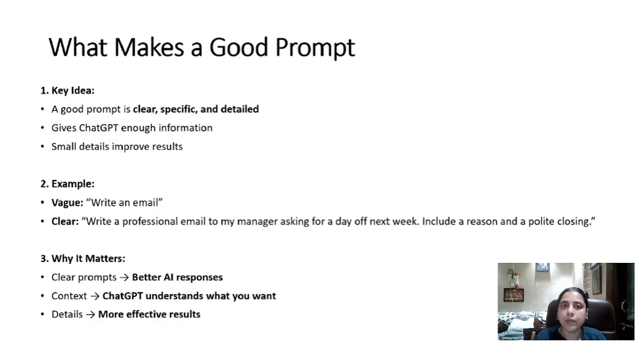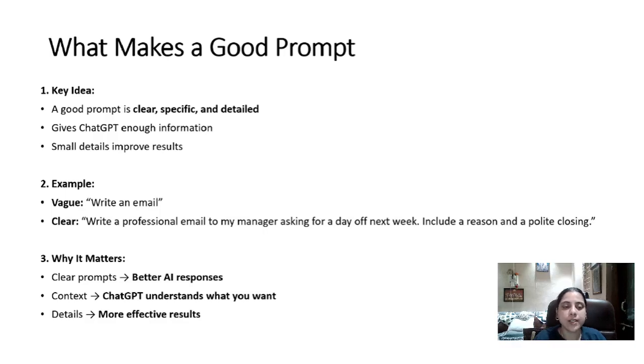Once you write more and more details, it gives ChatGPT or any search engine enough information to bring in information for you. When you give it correct keywords or correct pointers or references, whatever it is that you have in mind that you want it to do, it will be able to generate correct information for you. Small details also improve these results.